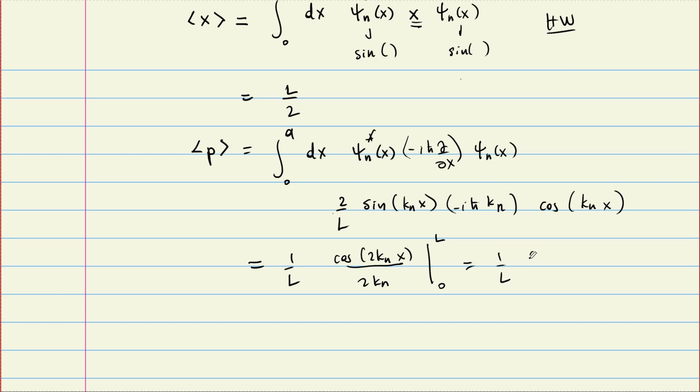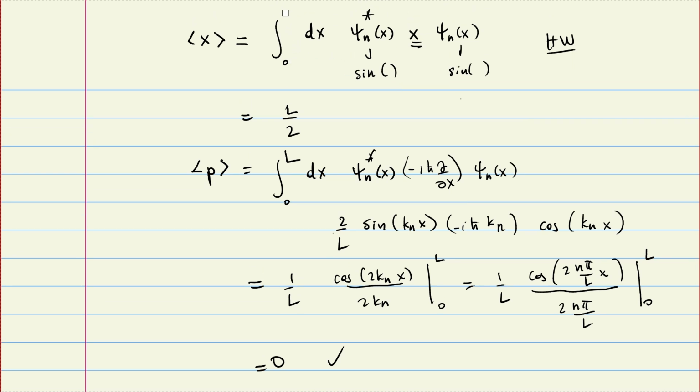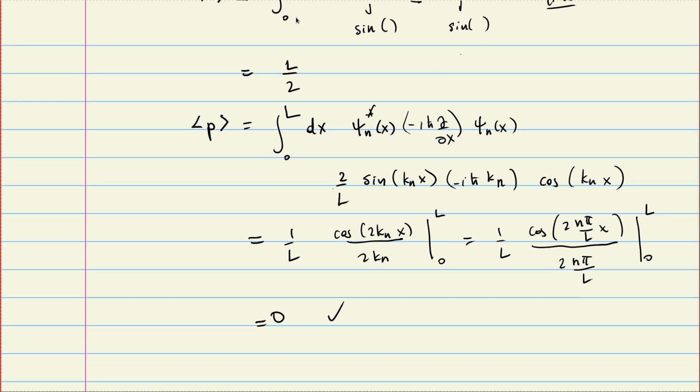This is 1 over L cosine 2n pi over L x divided by 2n pi over L, from 0 to L. If I put L, cosine 2 pi n is 1, minus, if I put 0, cosine 0 is 1, 1 minus 1 is 0. Oh, yes, there is a missing factor here. This should be L. Yeah, thank you. Is there another one? Yes, this one should also be L. Good, thank you.